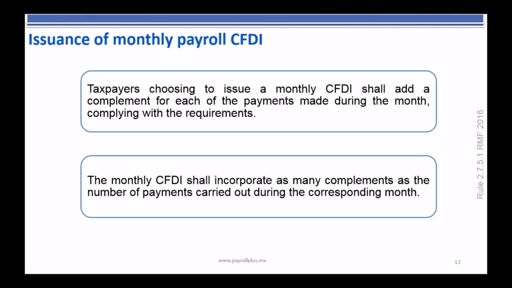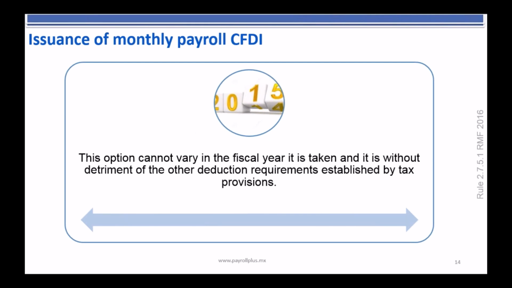Also, there might be other complications, which means that you have to set up your payroll system to be able to attach a different number of complements. So it might incur additional cost or administrative work. So that's why, in our experience, we have not seen this as very practical. In case you want to use a monthly CFDI, you will have to keep this option for the entire fiscal year.